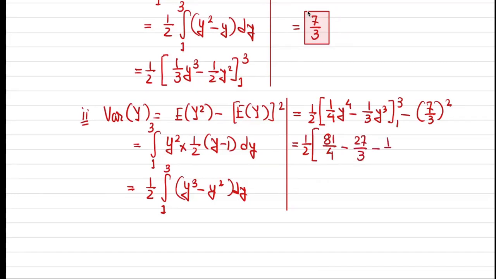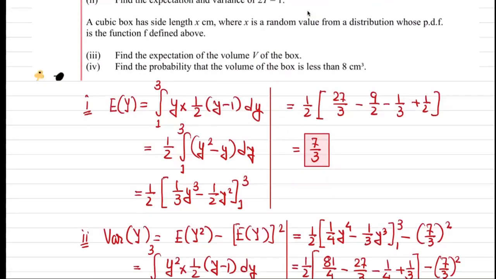If I put 1, minus 1 by 4 plus 1 by 3. Now, minus 7 by 3 whole squared. Now, if you use your calculator, I think you will get this value 2 by 9. So parts 1 and 2 are done.